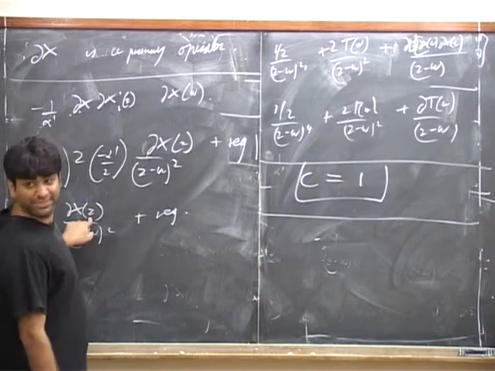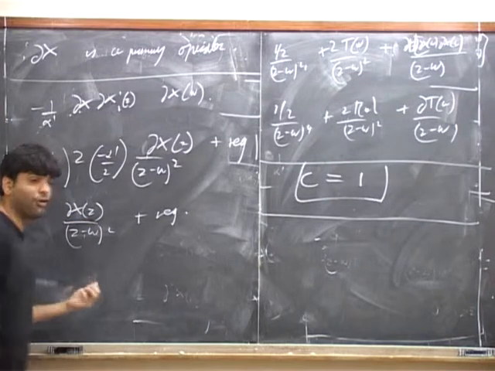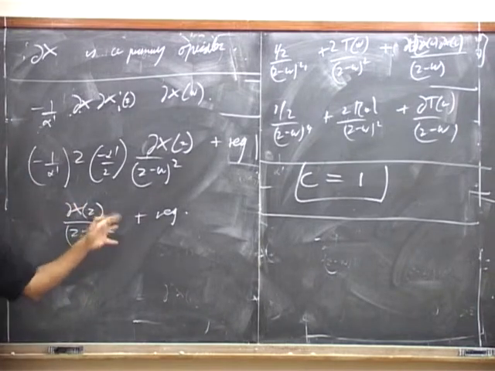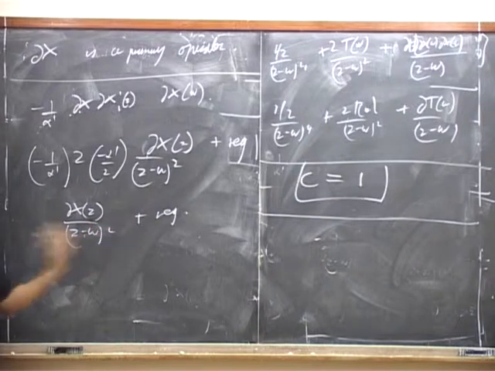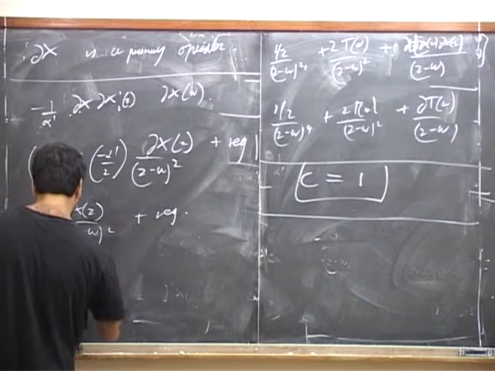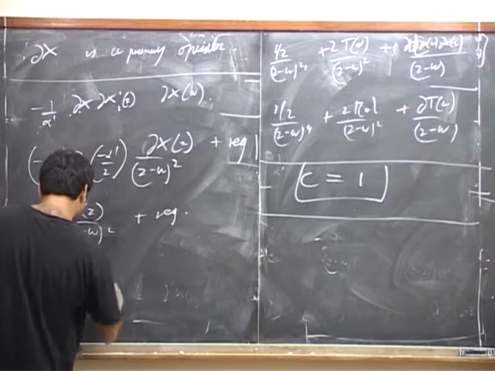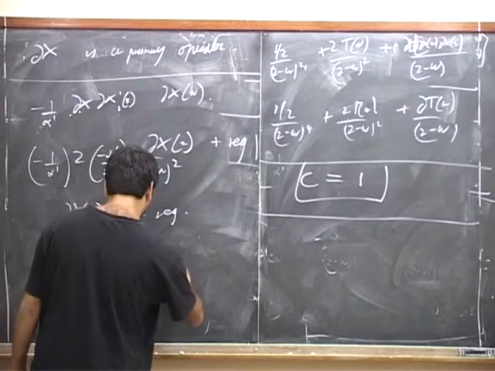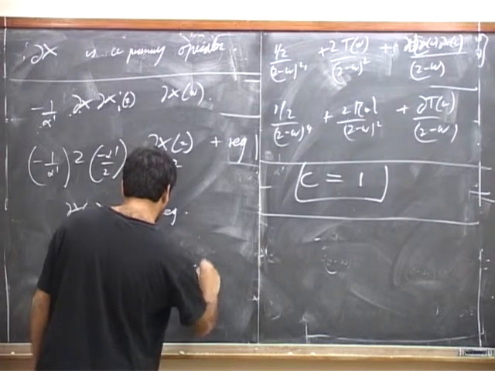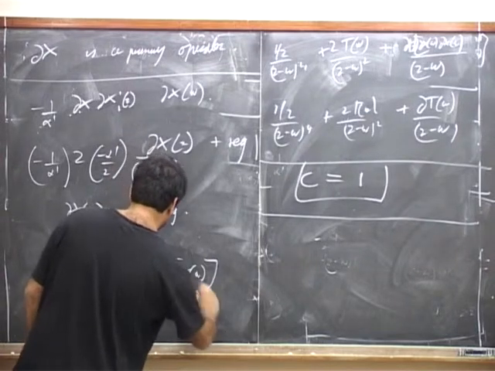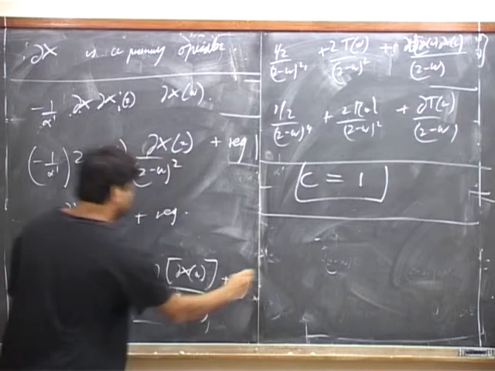Now once again we have to Taylor expand this, because in the standard form we should have operators only at w. So this can be written as del X at w over z minus w squared, plus del of del X at w over z minus w, plus regular terms.